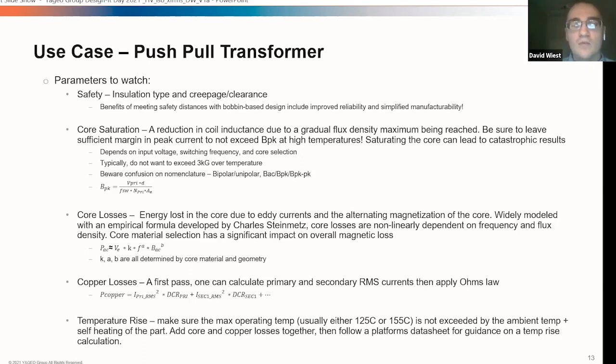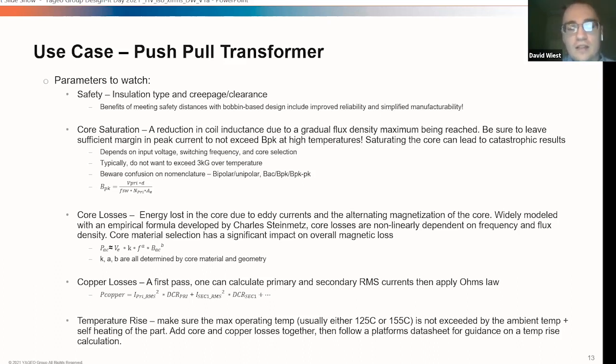There's a widely known formula developed by Charles Steinmetz, who was an engineer who very much enjoyed the practicality of gathering data and using that to drive decisions. Core losses are very complicated and nonlinear. They depend highly on the frequency that you're running at, as well as the flux density itself.